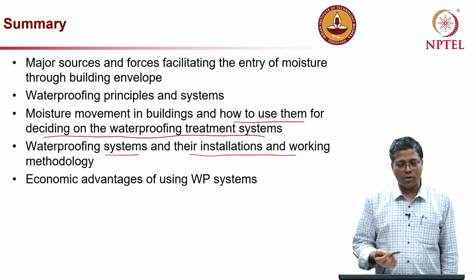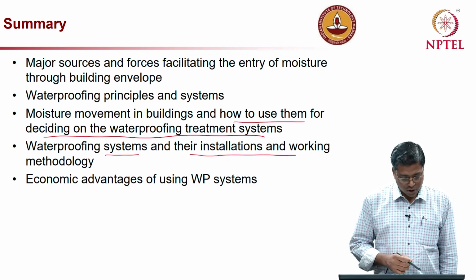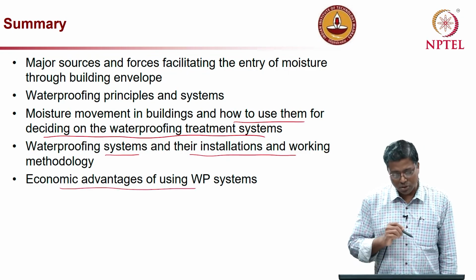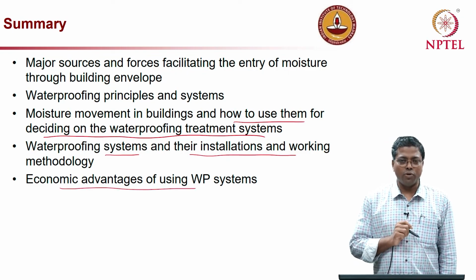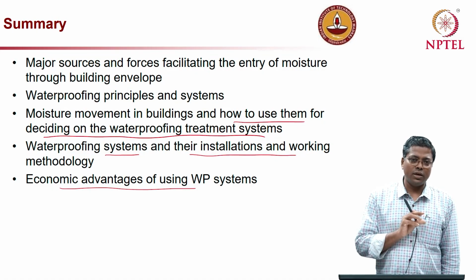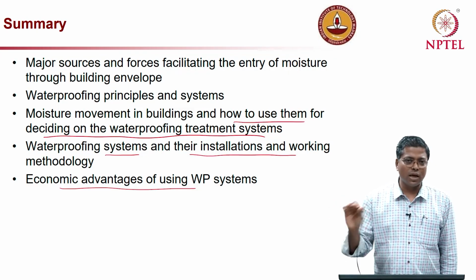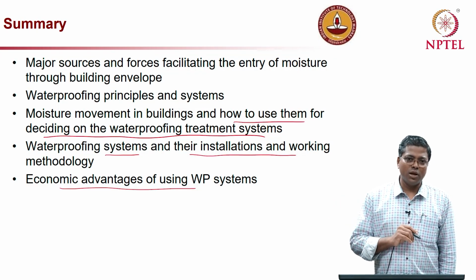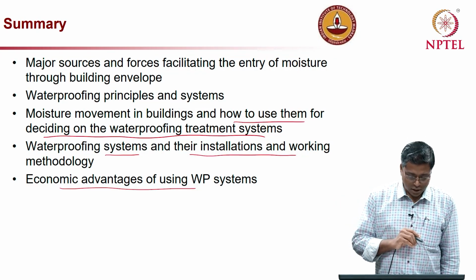We looked at the barrier waterproofing, and then at drainage and diversion type waterproofing systems. Towards the end, we also talked a little bit about the economic advantage. We can spend very little additional money in capital, and that can save a lot of money in minimizing the moisture attack in the buildings.